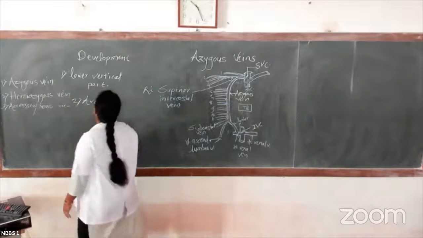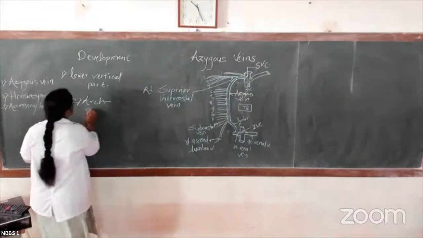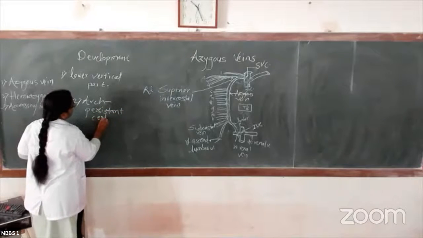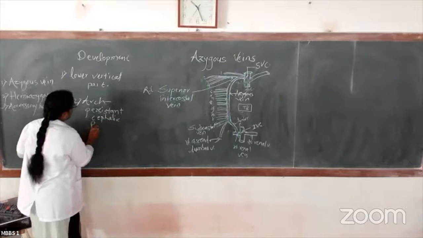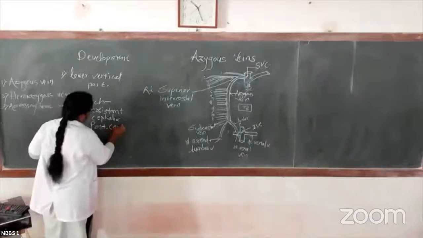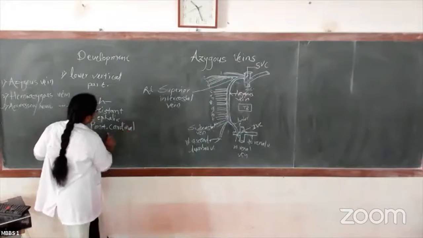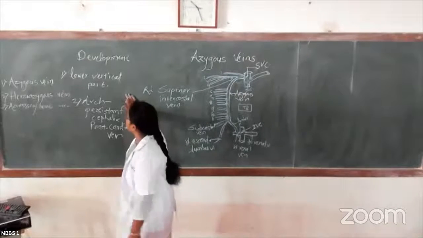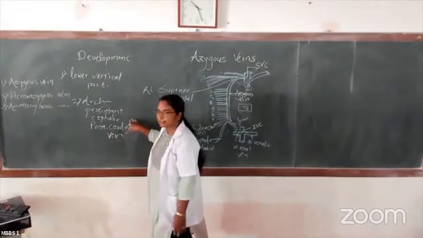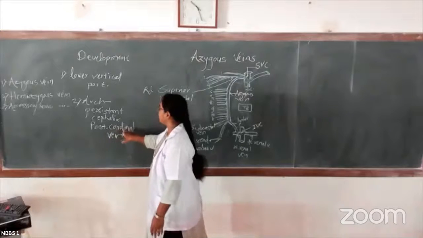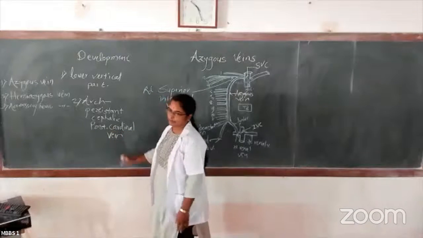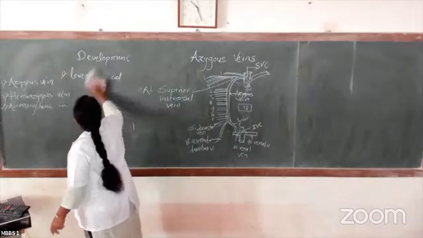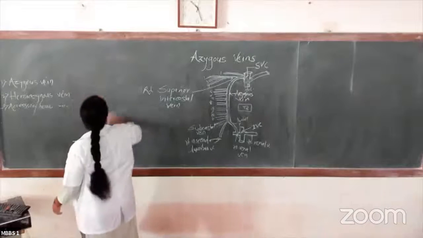This arch of the azygous vein is developed from the persistent cephalic part of the right-sided posterior cardinal vein. So this is the development in short of this azygous vein.